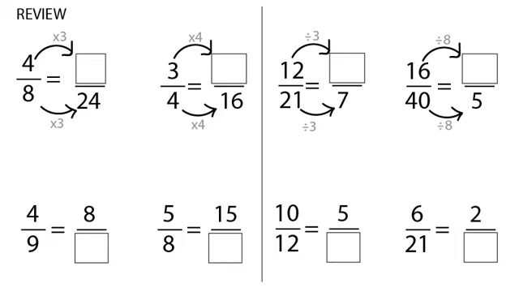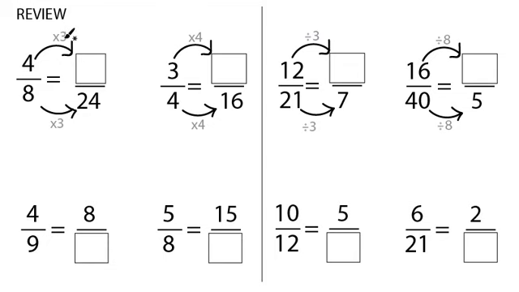Okay, it's time for our math class, and today we're going to review equivalent fractions by multiplying and by dividing. Remember, the rule for equivalent fractions is what you do to the numerator, you do the same to the denominator.